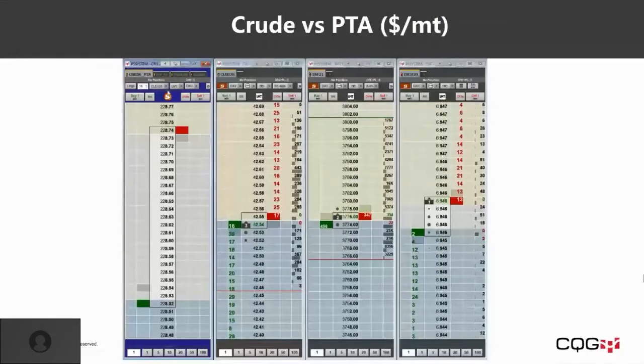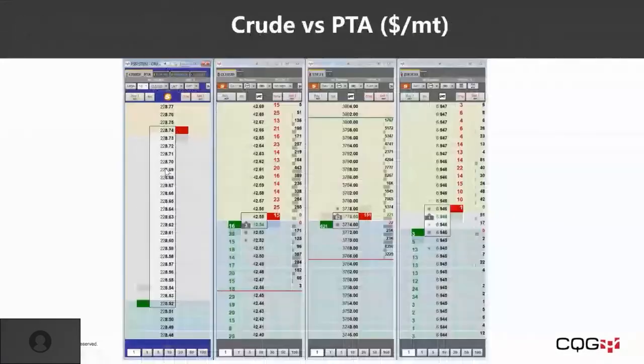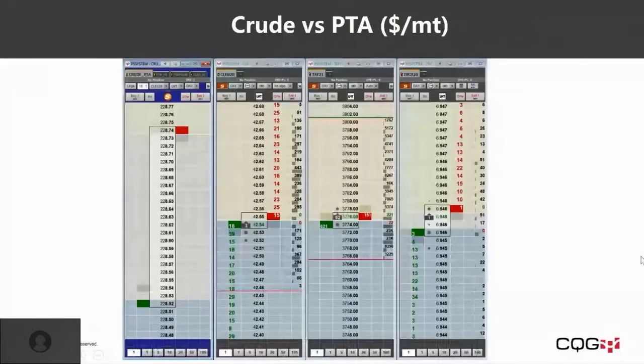So on the left, you'll see the crude on PTA, and it will show that we are working the CLE leg, meaning that we are going to have an active order in WTI. So actually, I am placing a bid and an offer on the spread.